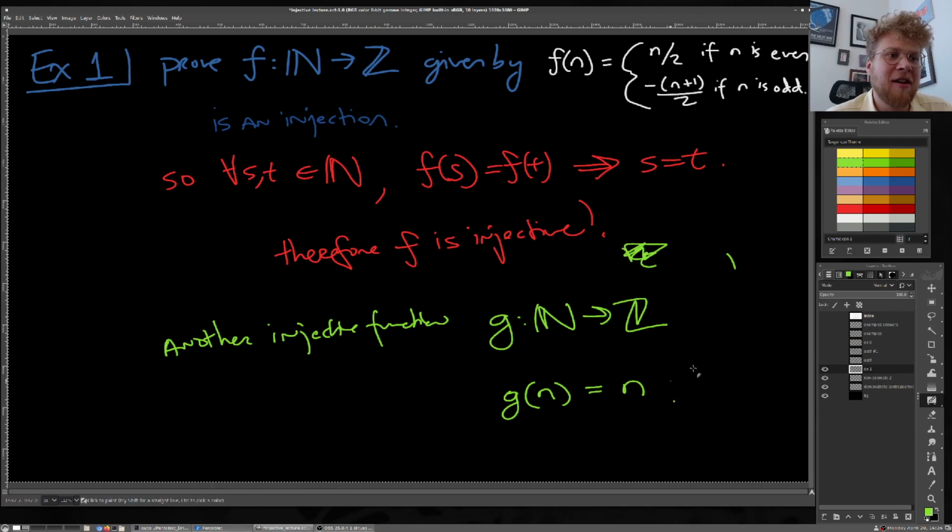So I invite you to use the language that we did in the previous two proofs to prove that it is injective. But it is very, very easy to see that it is an injective function.